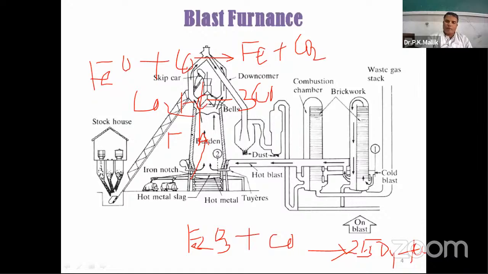That means here you see the hot metal and, over it, the molten slag. Again, hot metal and slag can be drained out in these directions. In this direction, hot metal you can pour out. So this is the case for the blast furnace.